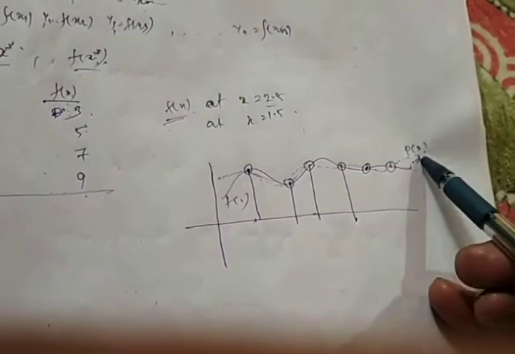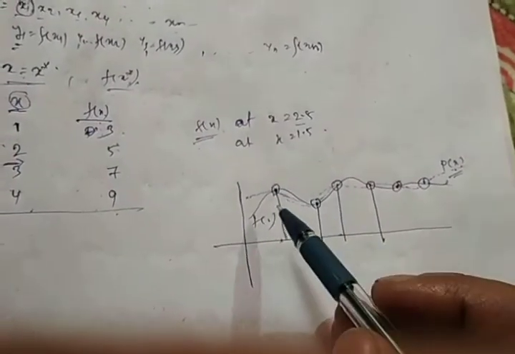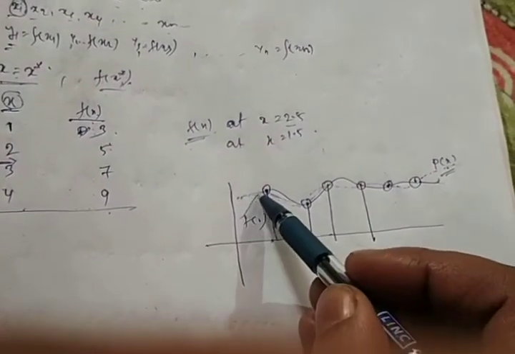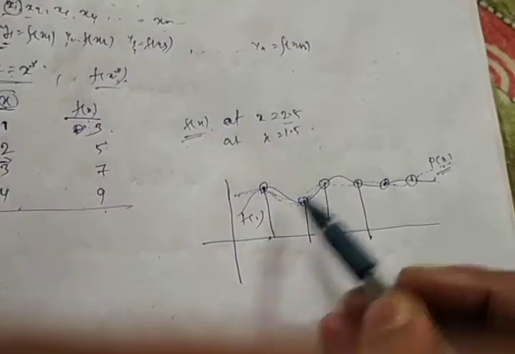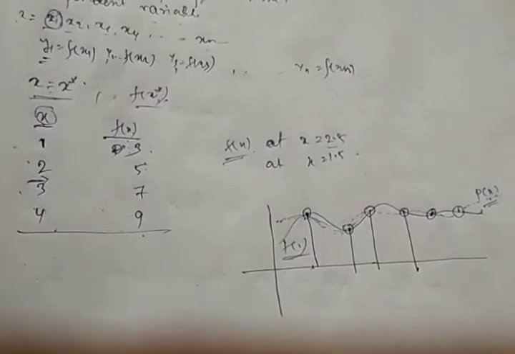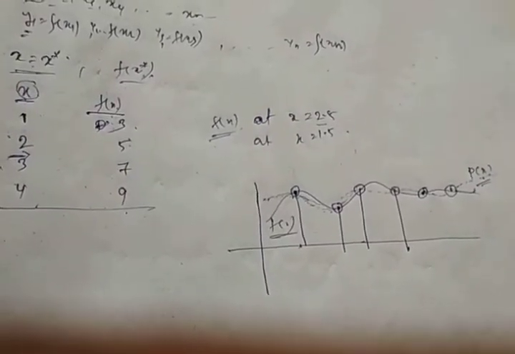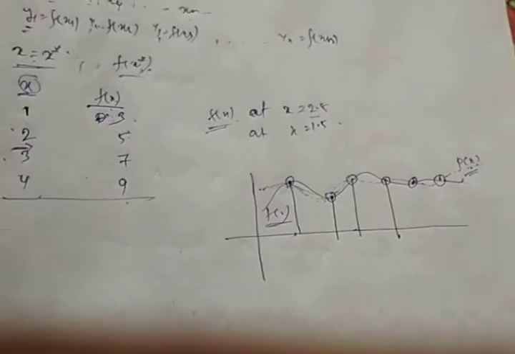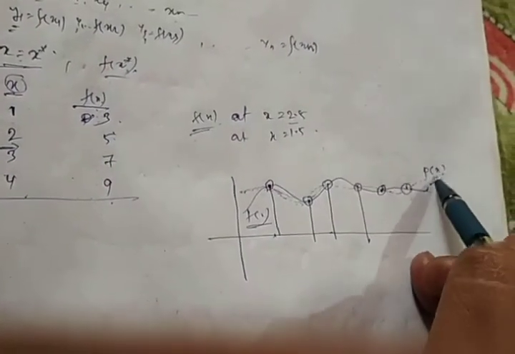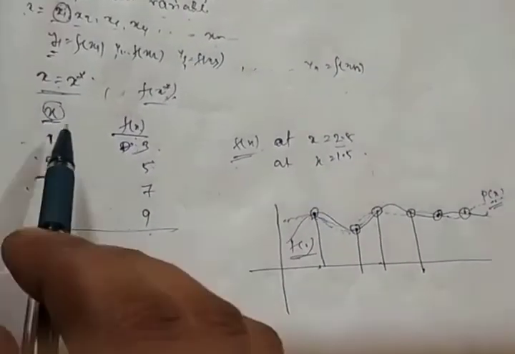This p(x) has the same values as given, and it approximates the given function. So in the interpolation problem we approximate the function f(x) by a polynomial, and then, whenever the polynomial is known, we can find the unknown values at an unknown point.